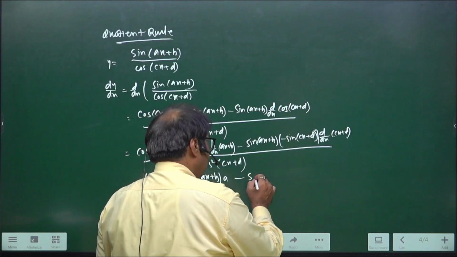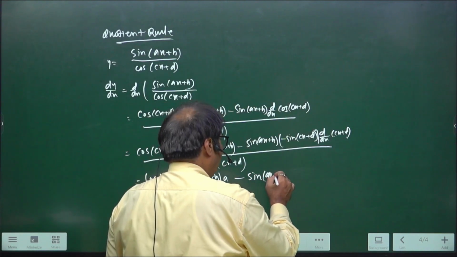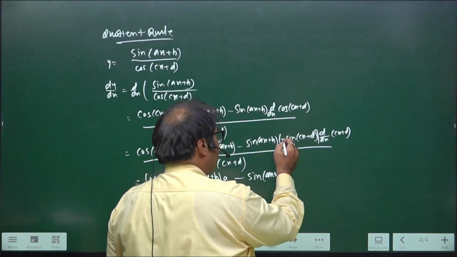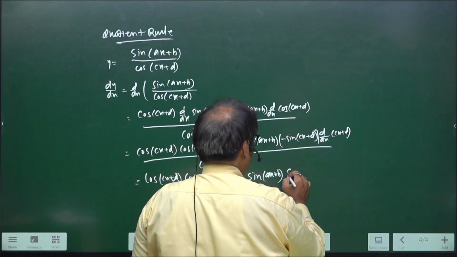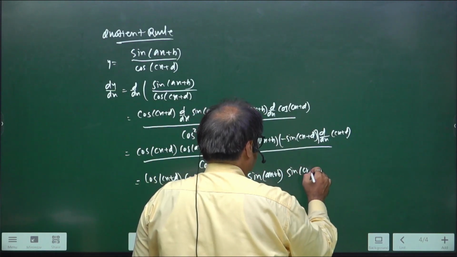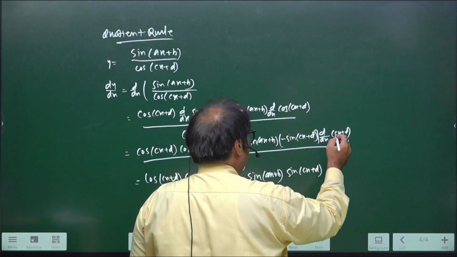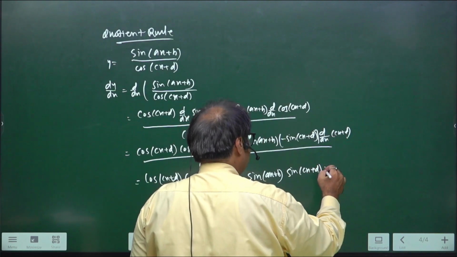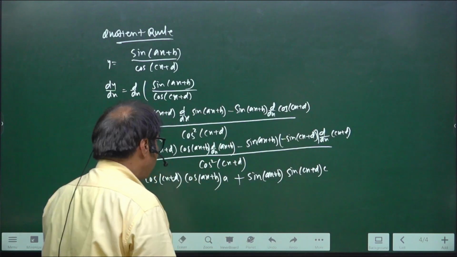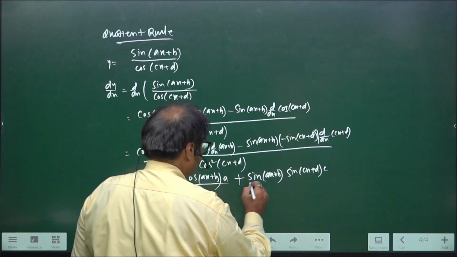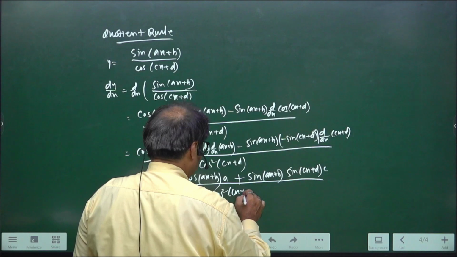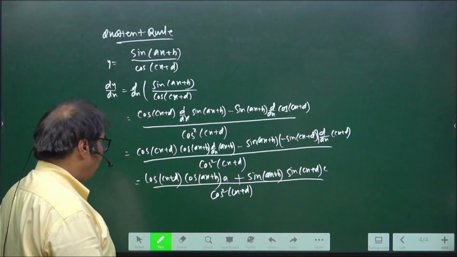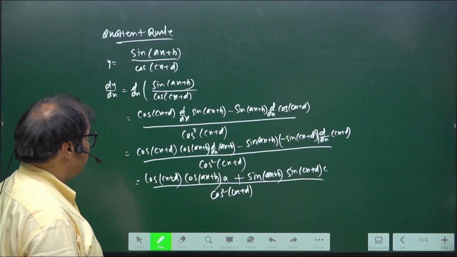And minus sine of ax plus b, this minus plus we can write here, and sine of cx plus d, and the derivative of cx will be c and d will be 0, divided by cos square cx plus d.